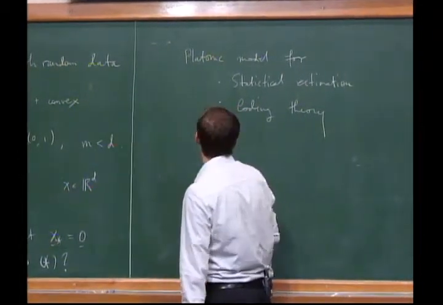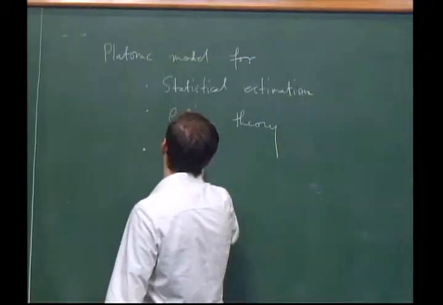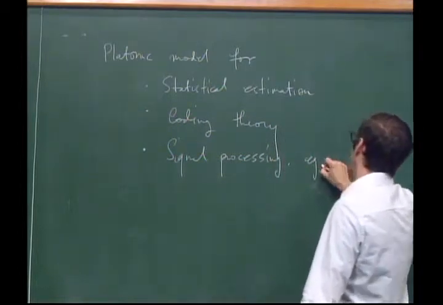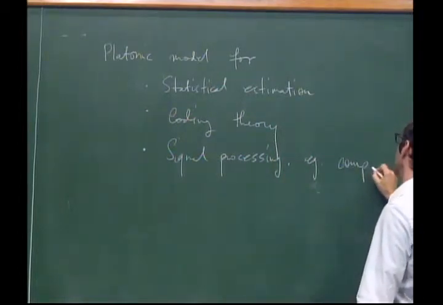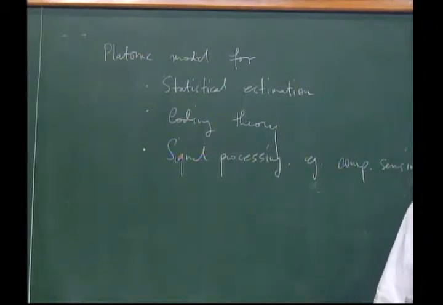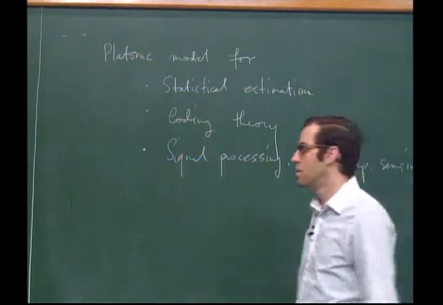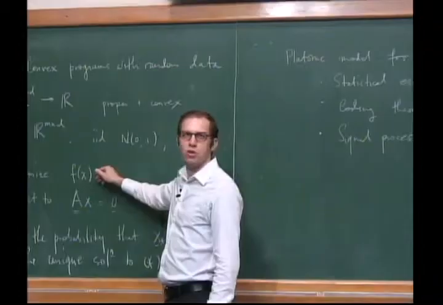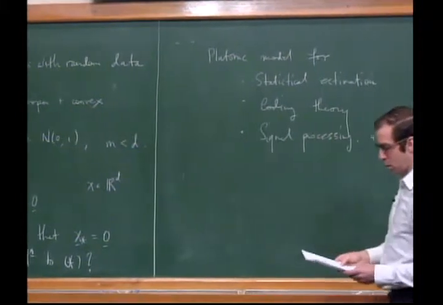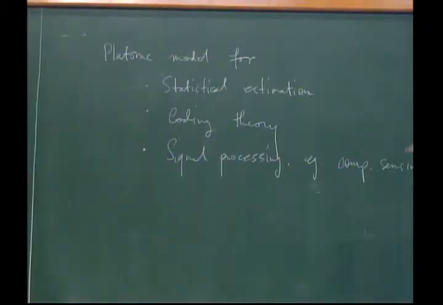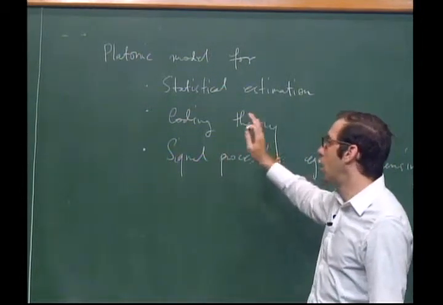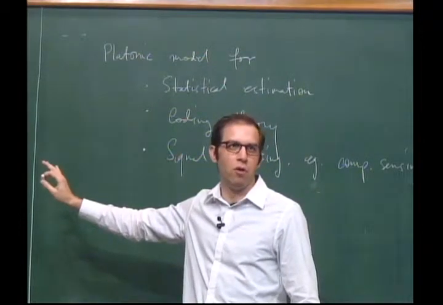And as you probably know, this is also a model for signal processing problems. So, for example, this compressed sensing business. In this case, A is a sensing matrix, and our goal is to minimize an objective function that drives us toward the true solution given observed data. Okay? So, in most of these examples, there are complications, but nevertheless, at core, all of these problems have this type of form.